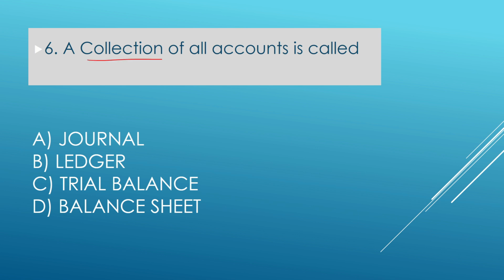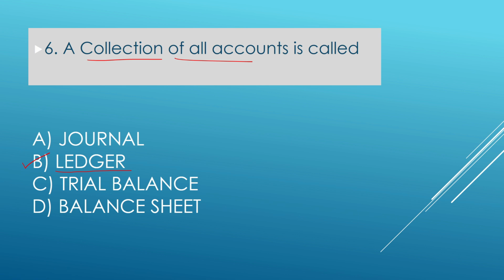A collection of all accounts. When we keep all accounts together in one book, that is called, I give you 1 minute of time. You have to answer it. The answer is ledger. Okay, so ledger is a book of all accounts.